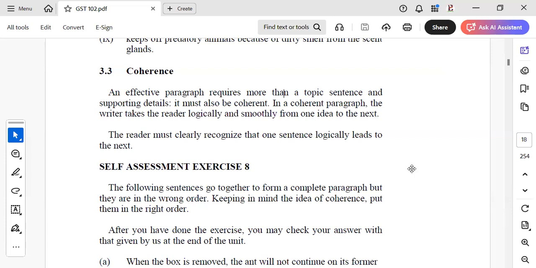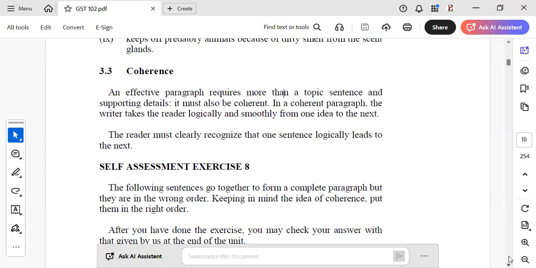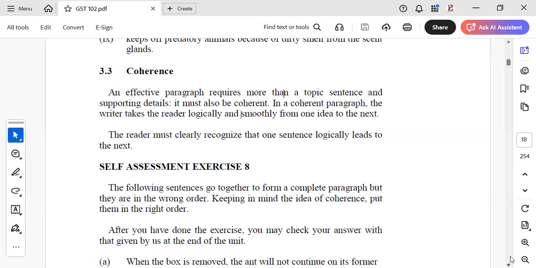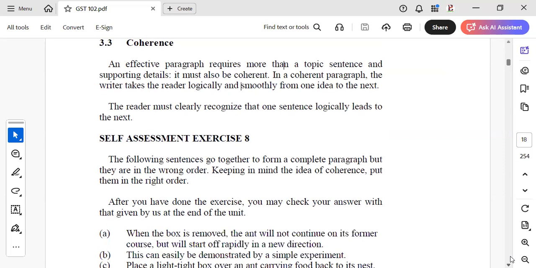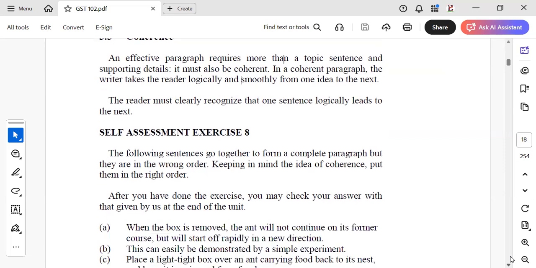You must notice, while you are reading a particular paragraph, that the end of one sentence is going to lead you to the next one. Not that somebody is just writing something haphazardly, with no alignment, not smooth, not logically arranged.